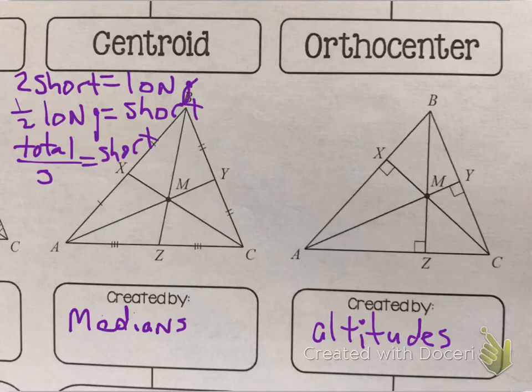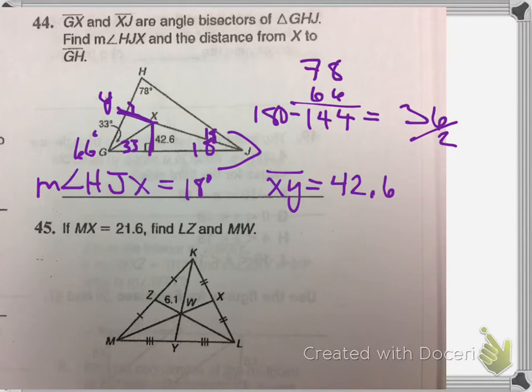So if I look back at this problem, I should easily recognize that these are medians, and if I know this is 6.1, then I can double that to find LZ. If I double this, I get 12.2. Add those two together, and that gives you 18.3.